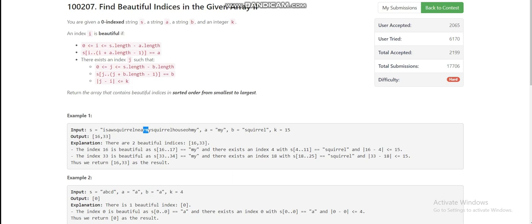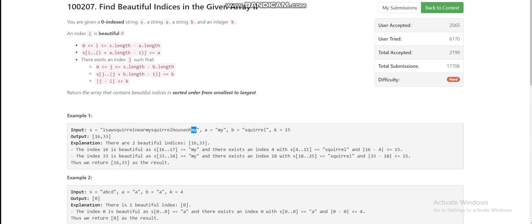So the difference is 16 minus 4, 12, which is less than or equal to 15. So we are pushing 16 in our answer. Similarly, if you check for the 33rd index, you will again find that 33 minus 18 is less than or equal to 15. So this is also pushed into the answer. So our answer will be 16, 33.